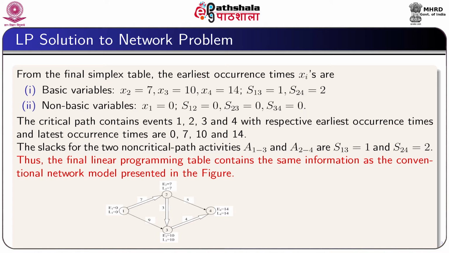That means the activities 1, 2, 2, 3 and 3, 4 make the critical path, while the slacks for the two non-critical path activities 1, 3 and 2, 4 are respectively 1 and 2.